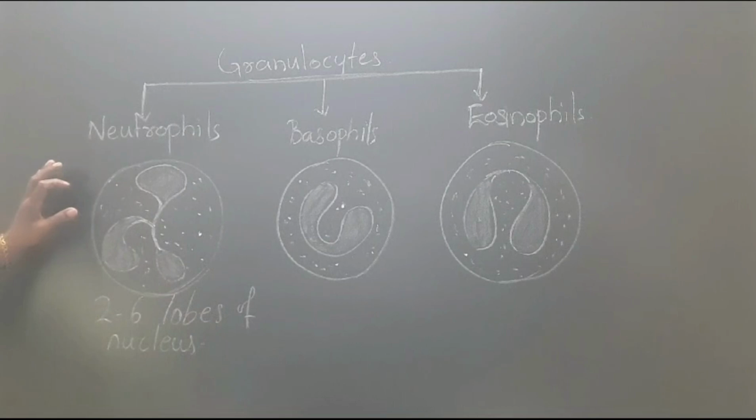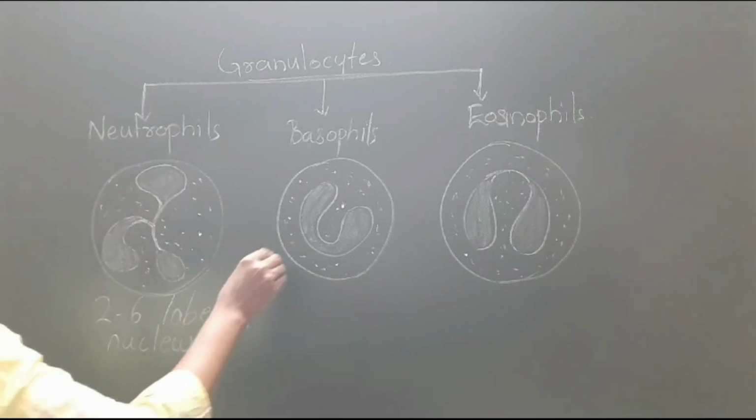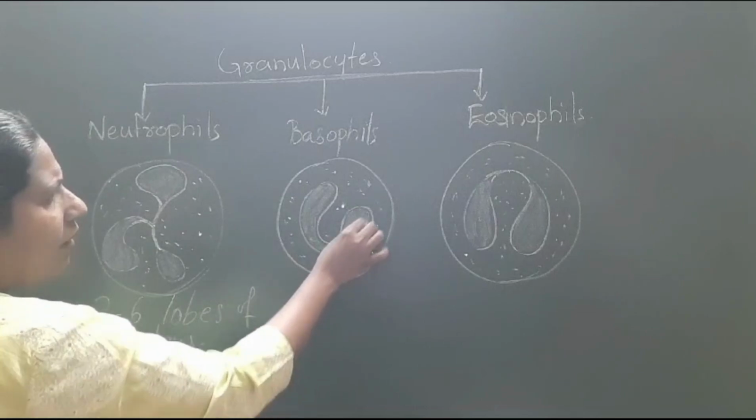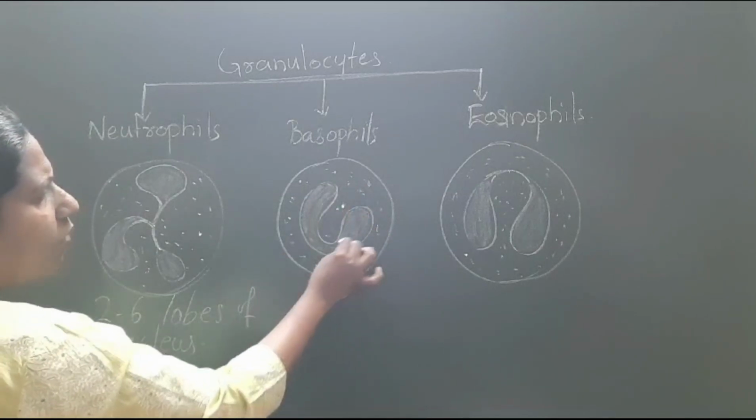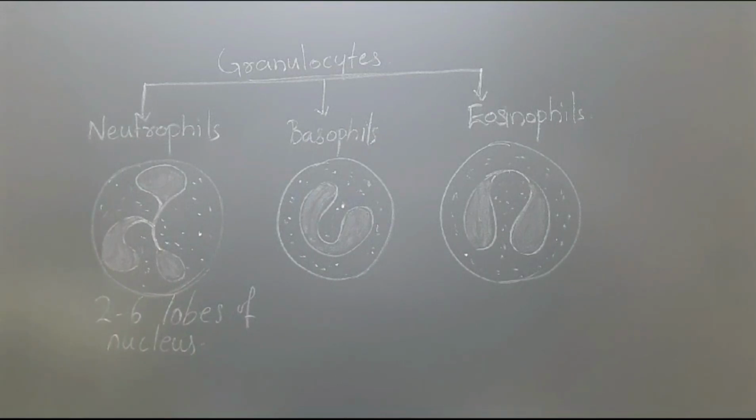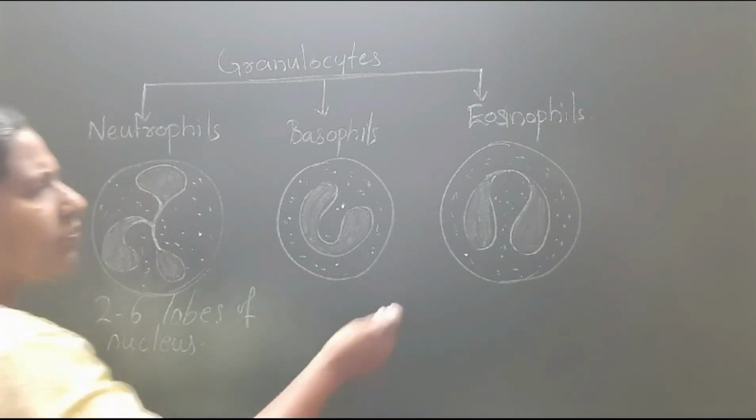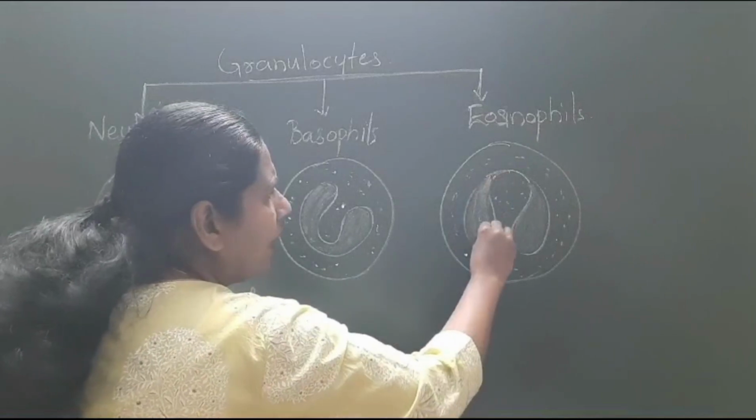Basophils have a bilobed or irregular nucleus. Eosinophils have a bilobed nucleus.